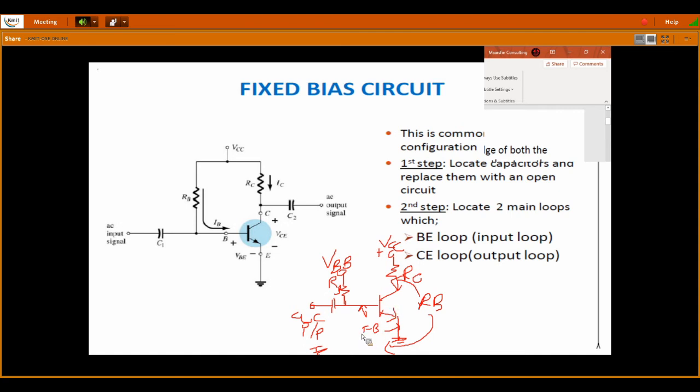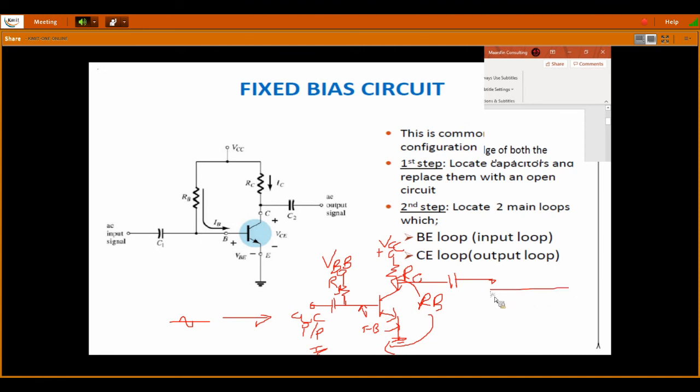When it is operated in the active region, in addition to these two DC sources, after biasing we superimpose an AC signal for amplification. The smallest magnitudes of AC signal are applied as input to the transistor, and from the collector, the output terminal, we get the output.